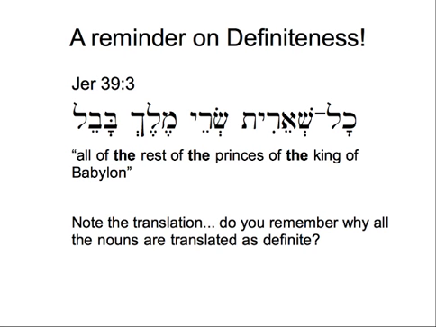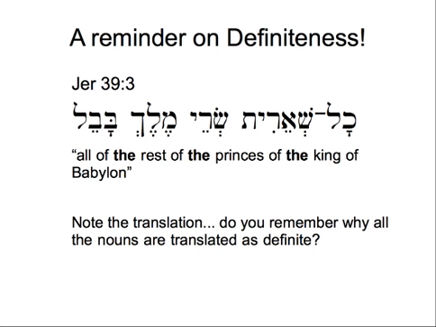It carries that definiteness over through the construct chain. And so it's not all of the rest of a prince of a king of Babylon, it's all of the rest of the princes of the king. So we can see that that definiteness goes all the way down that chain.